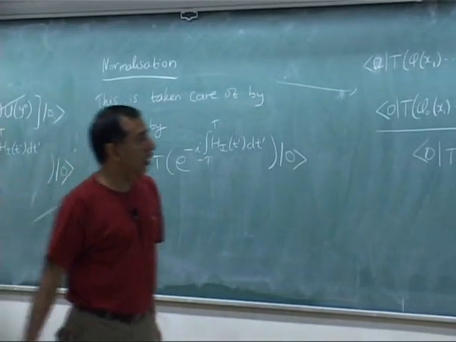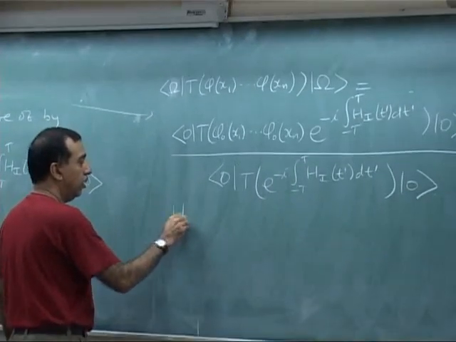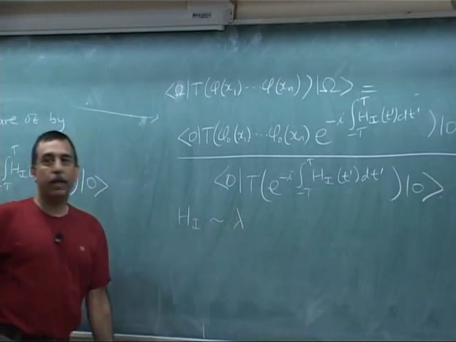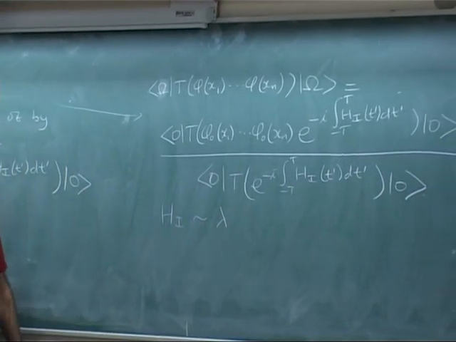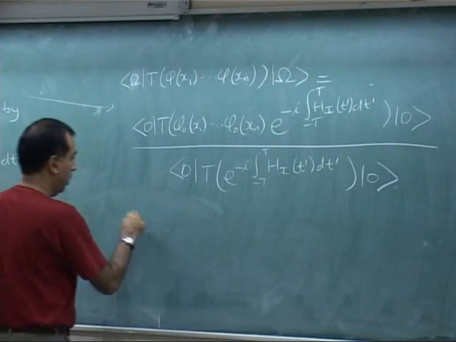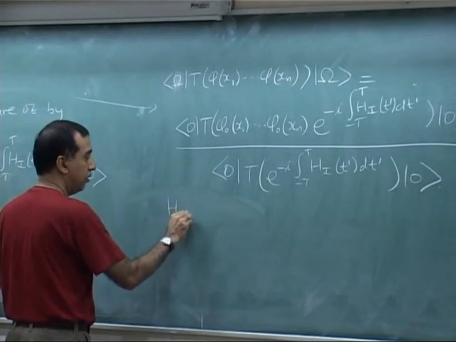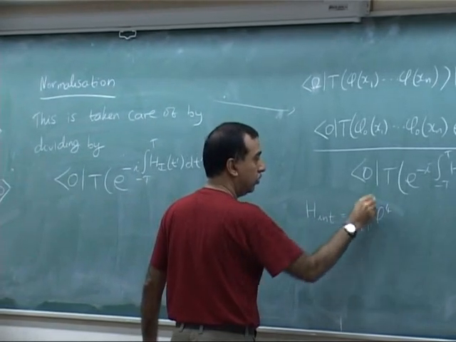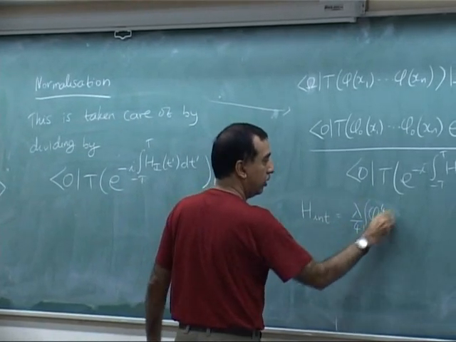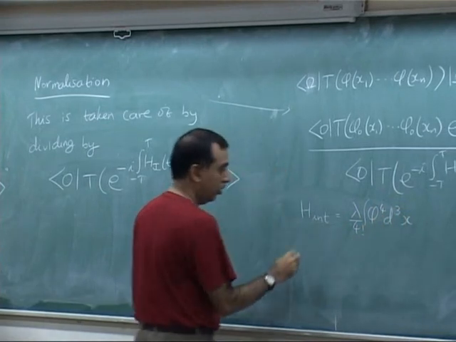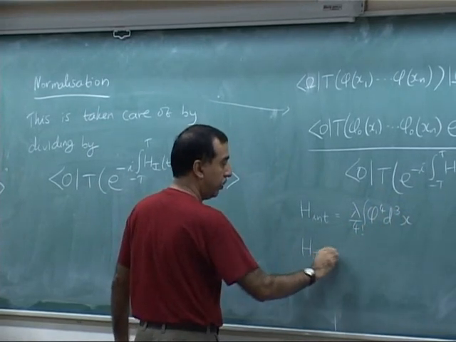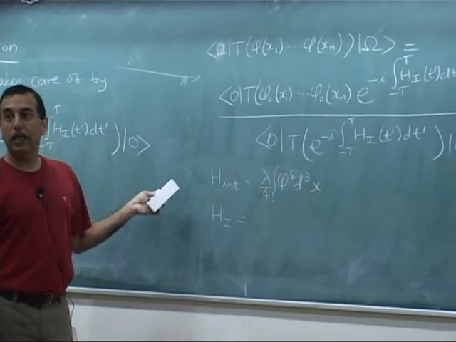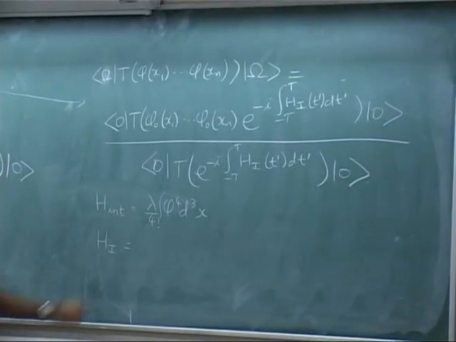And the second thing to notice is that H in the interaction picture goes like lambda. In fact, what is H in the interaction picture? Remember that H int was lambda phi to the fourth, integral d3x. Now H in the interaction picture is obtained by sandwiching this between e to the i H naught t and e to the minus i H naught t.